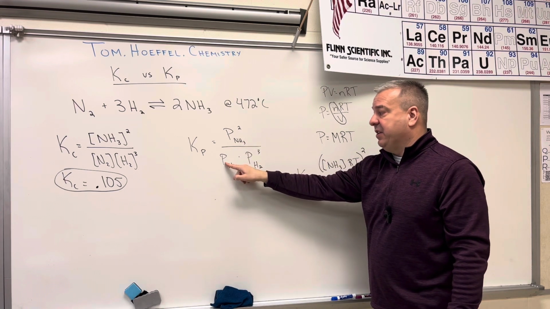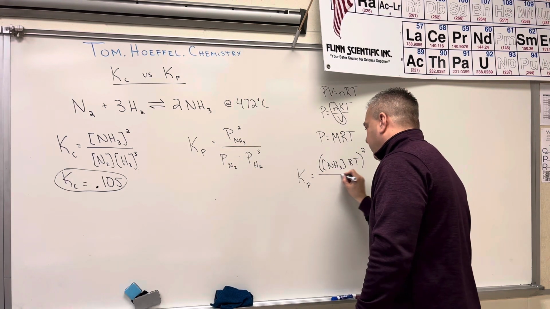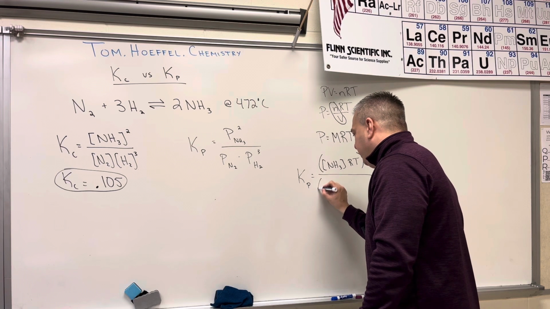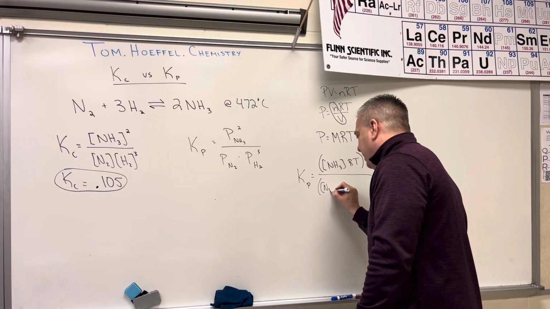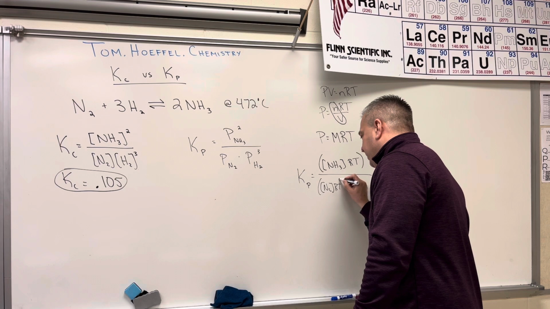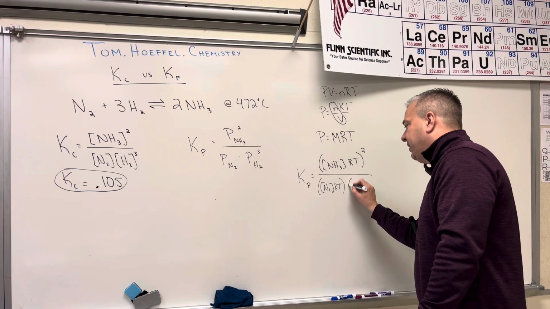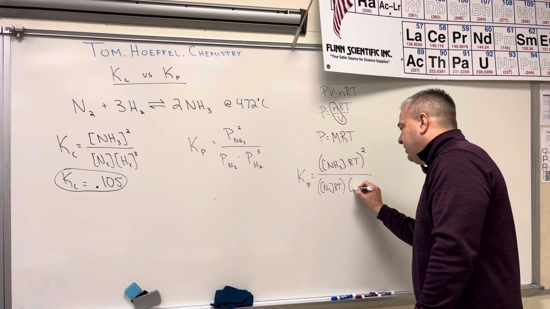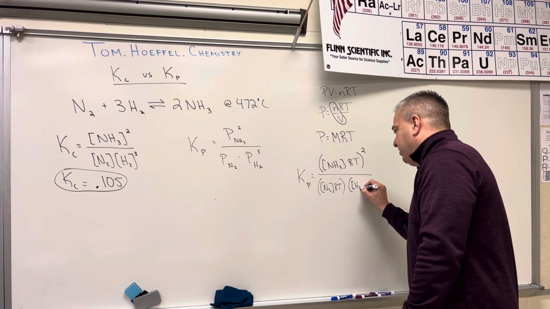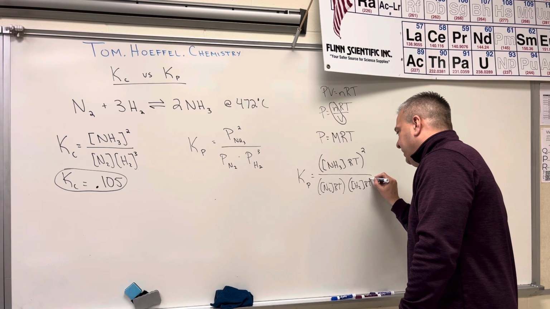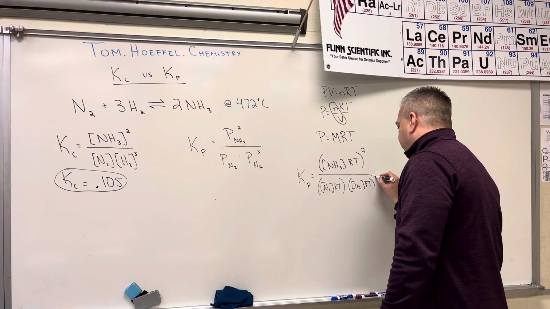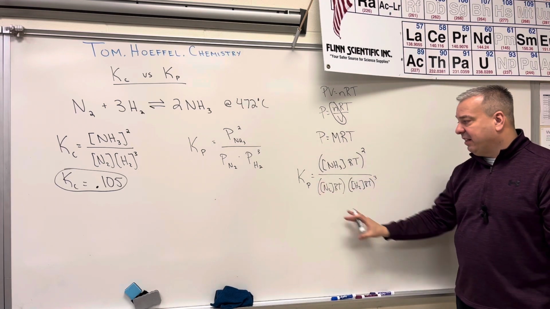And I'm going to do the same thing for the nitrogen and the hydrogen. So the nitrogen is going to look something like this, N2 times RT, and that's going to be to the first power. And then the hydrogen is going to be H2 times RT, and that's going to be to the third power. So we're going to get something that looks like this.